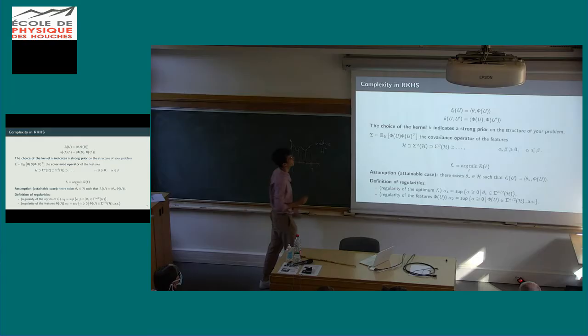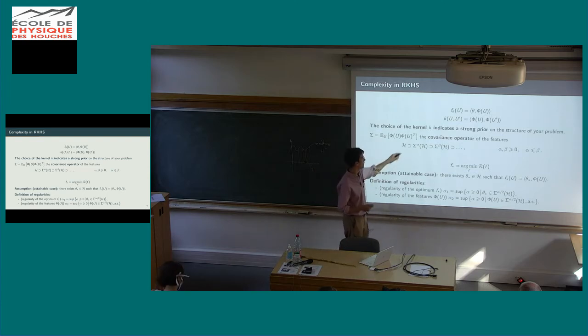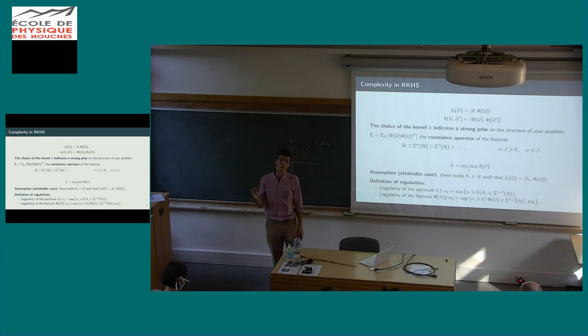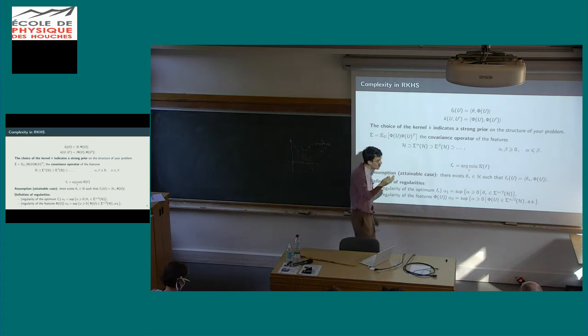So again, the choice of a kernel indicates a strong prior on the structure of your problem. And if you take any kernel, among the functions in H, there is a continuum of regularities that you can have. There are functions that are more or less regular. Now I'm talking about functions.